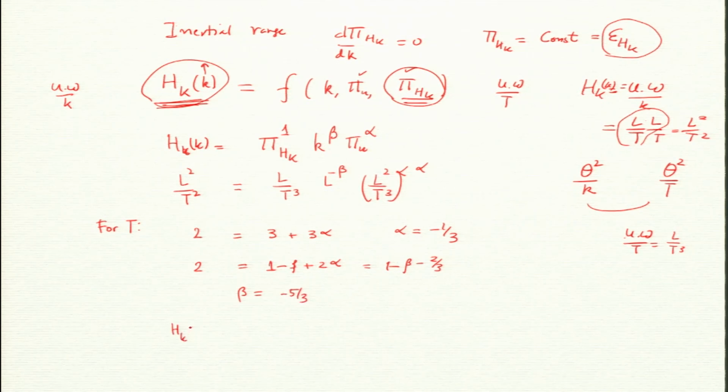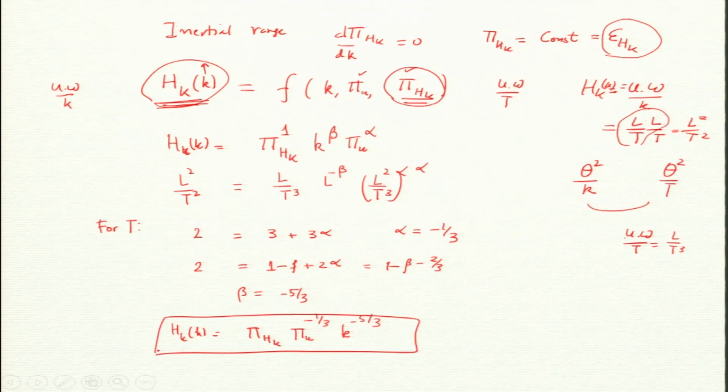So, Hk of k is pi of Hk, k to the minus 5/3. So, let us put k to the minus 5/3 to the right, pi of u to the power minus 1/3, Hk of k to the minus 5/3. So, this is my spectrum of helicity.